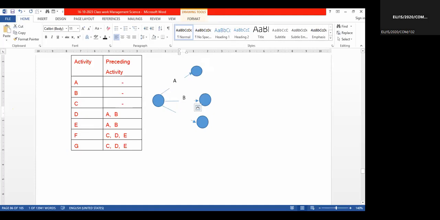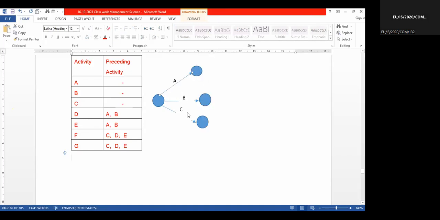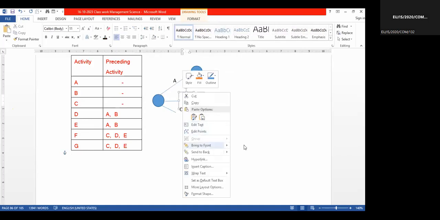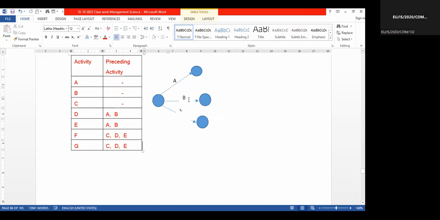I have put them in a graph of the diagram. So activities A, B, C.